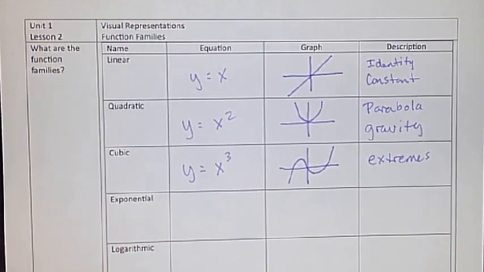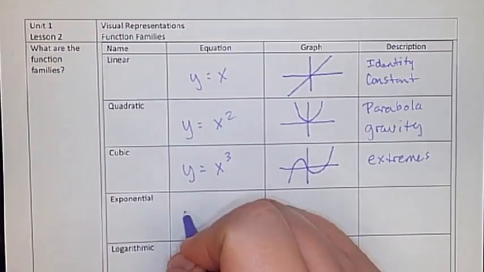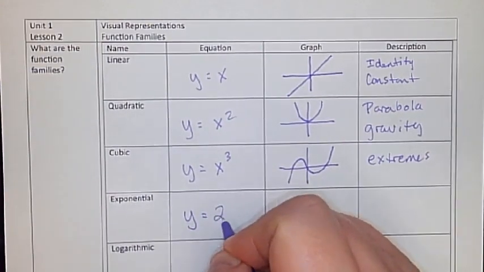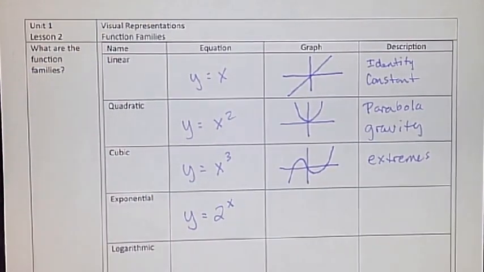Next, we have the exponential function, which we are going to write as y equals 2 to the power of x. Note that in this function family, x is the power and not the base of an exponent.